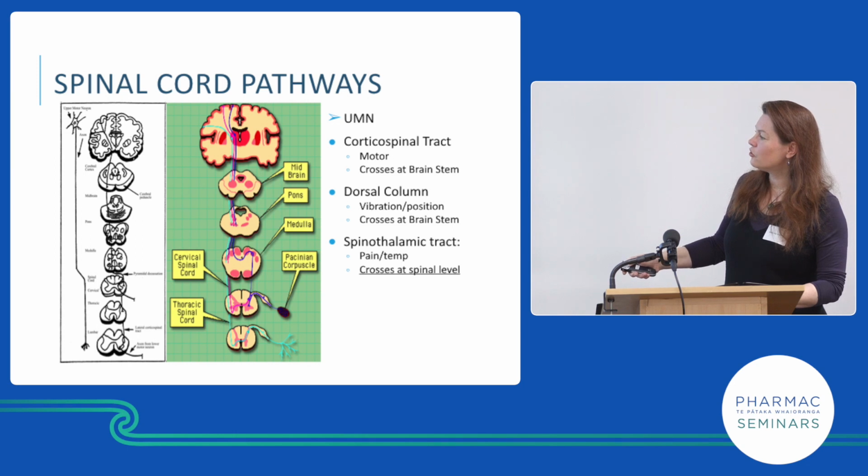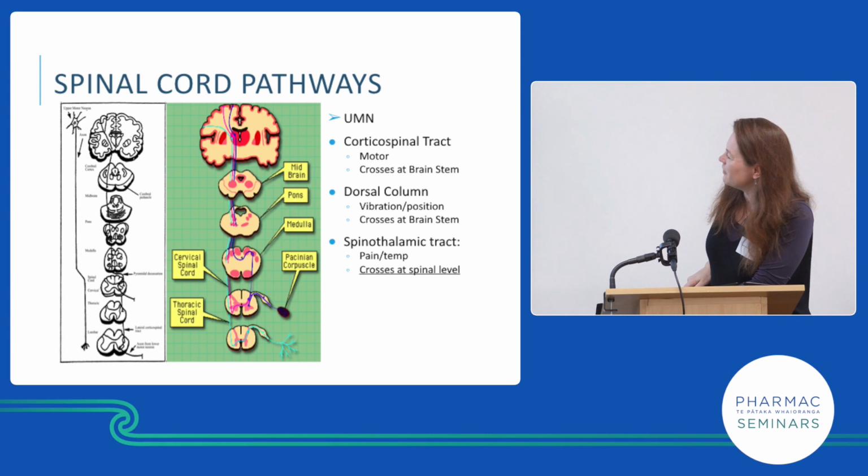The dorsal column tract stays on the ipsilateral side up to the brainstem and then crosses over. And the corticospinal tract, which is pink, moves down, crosses a little bit lower, and moves up on the other side. No, that's not right.